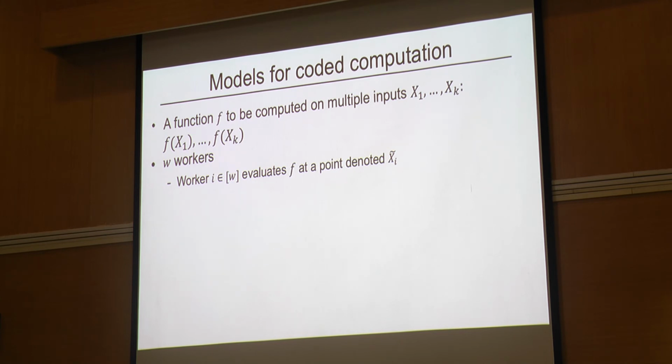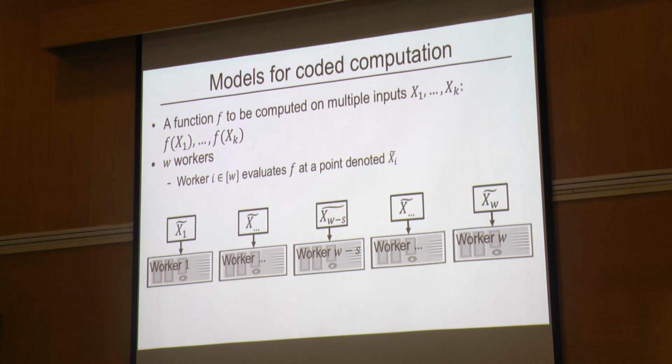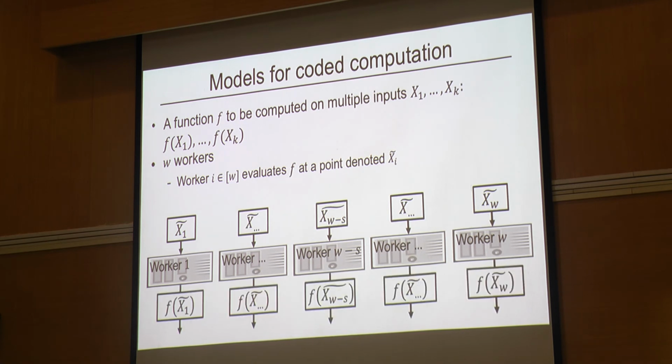So similarly, as in the previous models, where the worker could do a miniature version of the original computation, here the modularity is basically coming from the K inputs. So we want to do f of X_i for K different inputs. So basically, we have these W workers. Each of them would be given some X_i tilde, which would be some encoded form of X_1 to X_K. And then each of the workers will output f of X_i tilde, right?